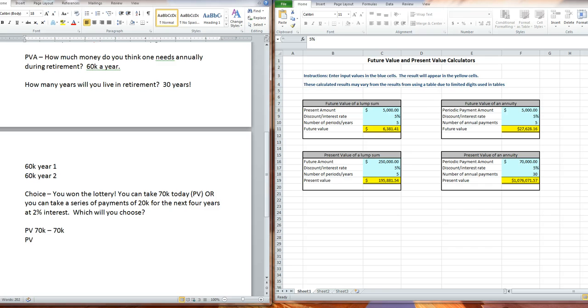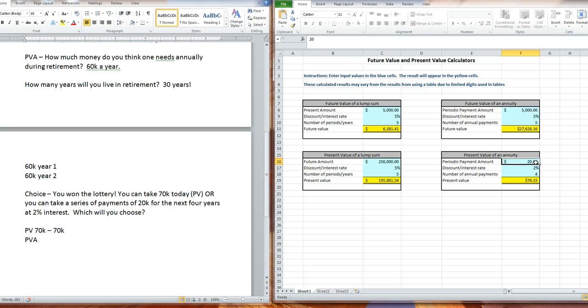Or you have the present value of this annuity stream, the $20,000 for 4 years at 2%. So we can go over here to present value of an annuity, and we're going to key in $20,000, that's our periodic payment, at 2% for 4 years. And we're going to see what that series of payments is worth today.